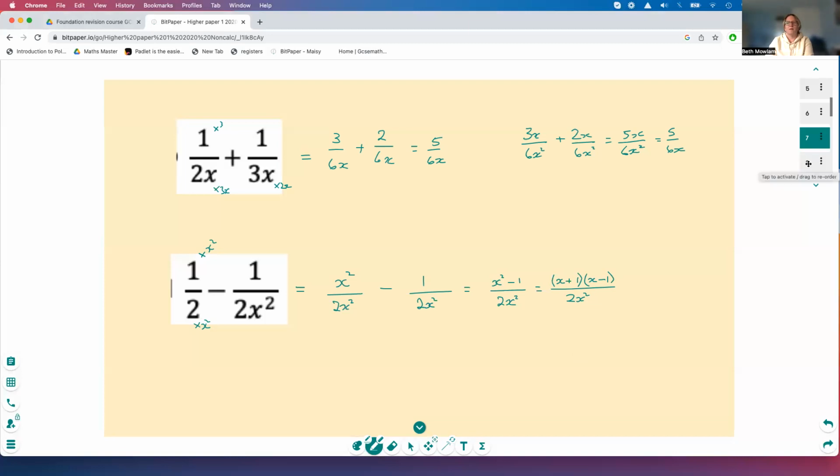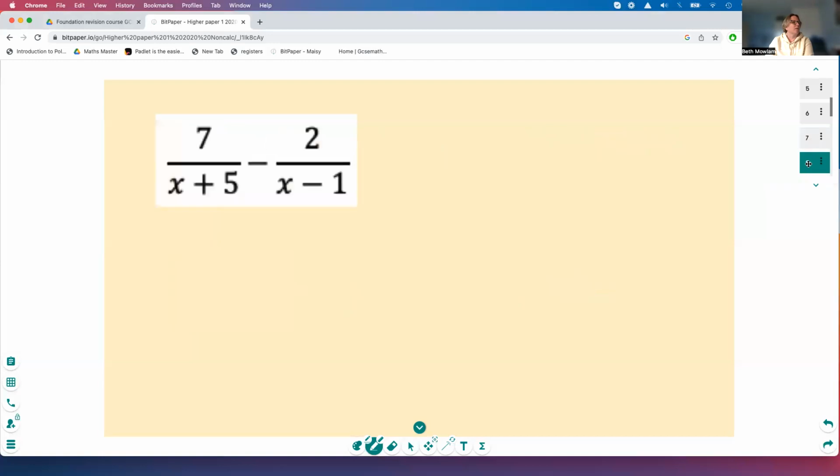Excellent, okay. Doing well. Hopefully it was making sense. Subtracting, exactly the same as adding, except you subtract. So you look for a lowest common multiple. Now, when you've got two like this, what I'd do is put them in brackets.